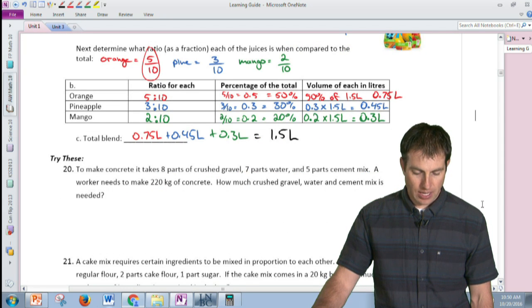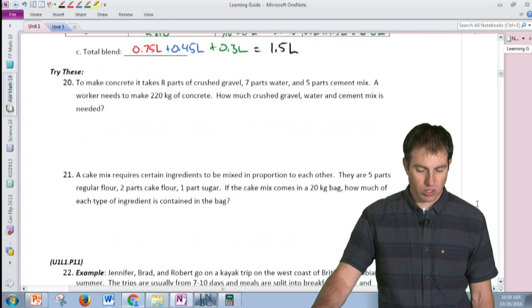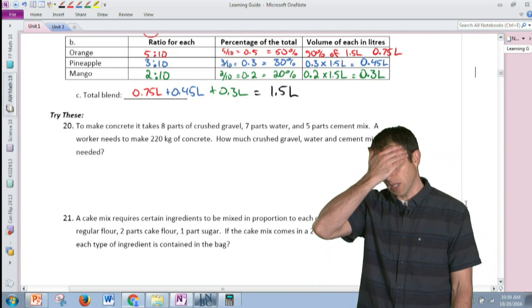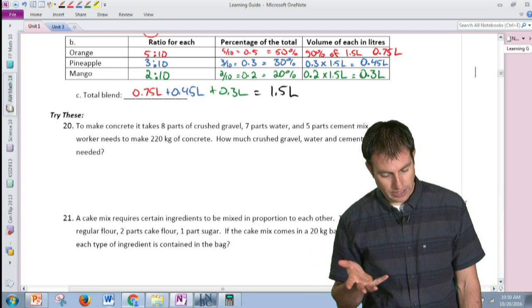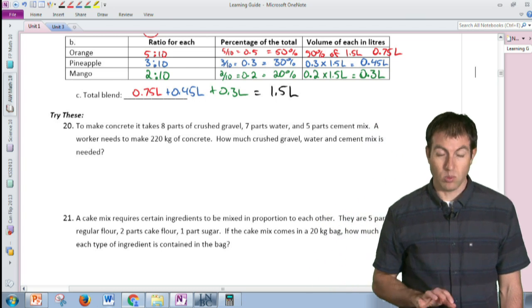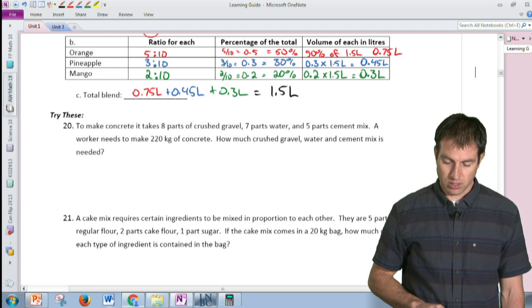All right. I'm going to leave 20 and 21 to you guys to do for next day. They are exactly the same as what we've just done. I will encourage you to draw the little table.